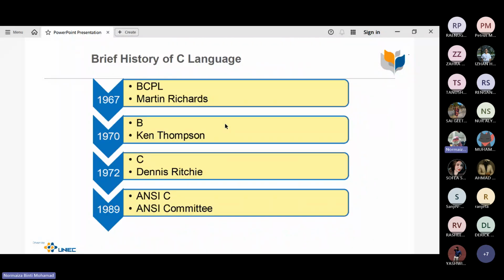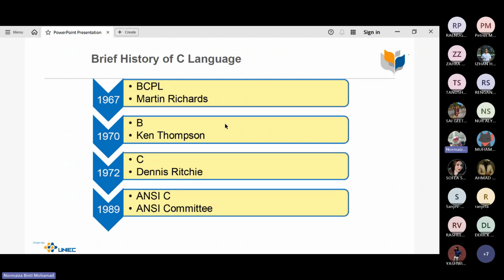This is a brief history of the C language. It started with BCPL, which stands for Basic Combined Programming Language. And in 1970, it turned into the B language.